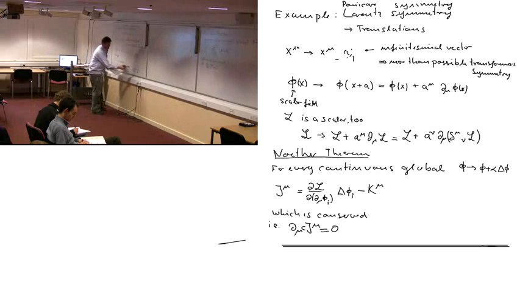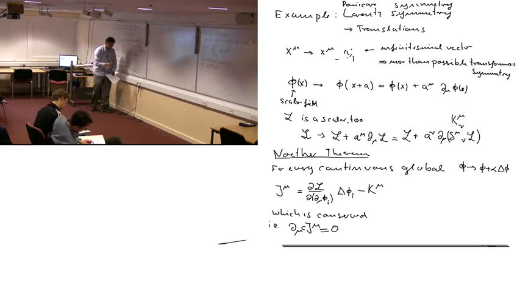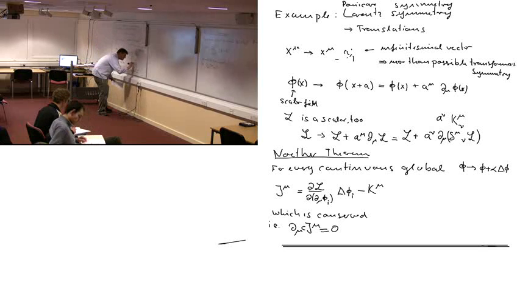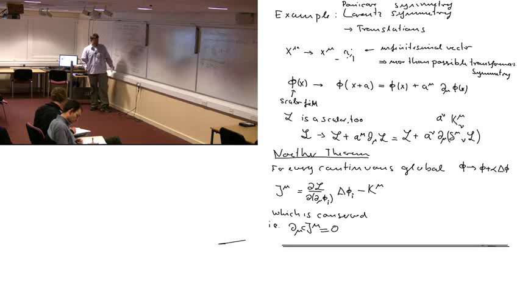This now has the form of a total derivative k mu, but it's not just one total derivative, it's a whole bunch of them counted by an index nu and then added together in the direction of this vector.